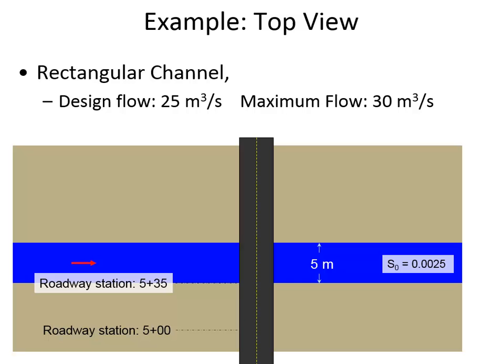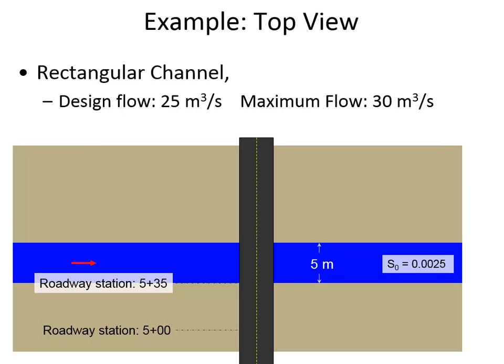The way HY8 keeps track of distances, both lengths of culvert and lengths of roadway, is with stations. This is common in transportation engineering where roadway lengths are being specified, like 5 plus 00. That's just a location datum.